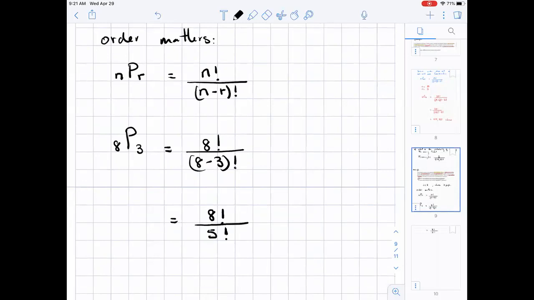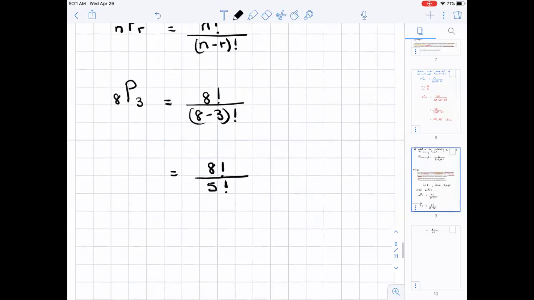Sometimes these are easy to work out in your calculator, okay? Let's get the number on the calculator first. 8 factorial happens to be the number 40320.